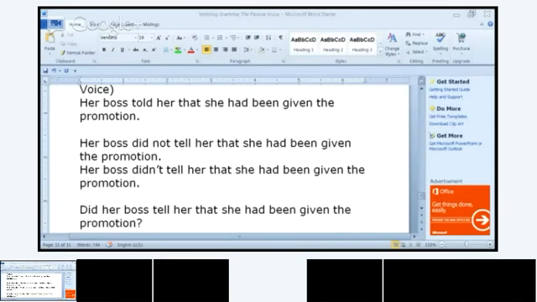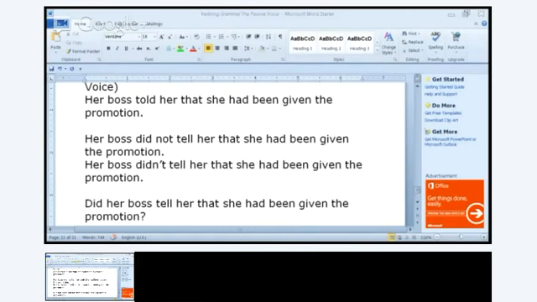Now we are changing the focus. So before she was the object, now she is the subject. So we have to change some other words, like from her. She was told. Okay. She was told that she had been given the promotion.